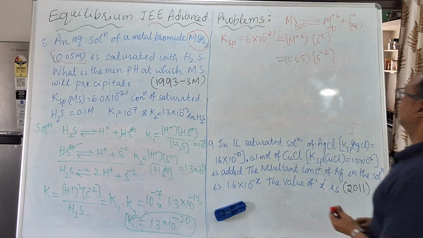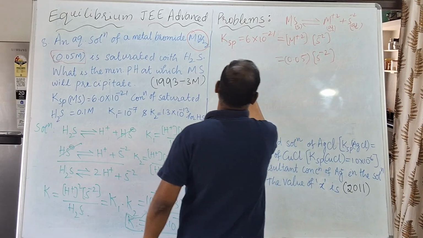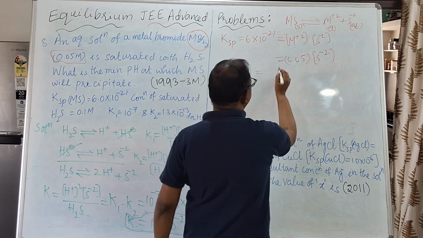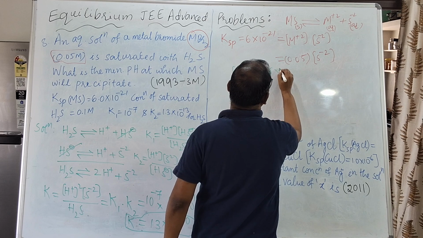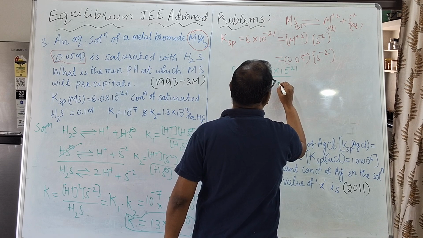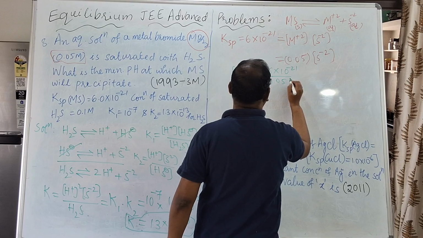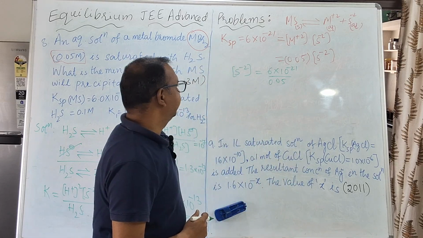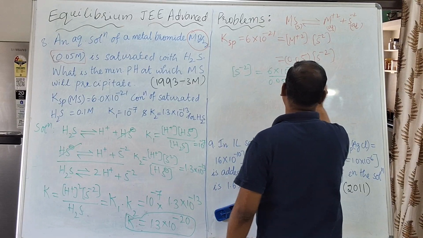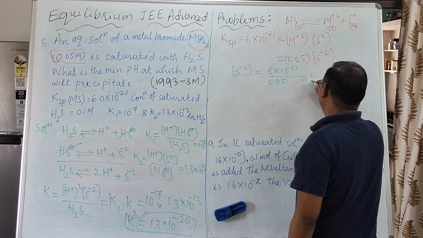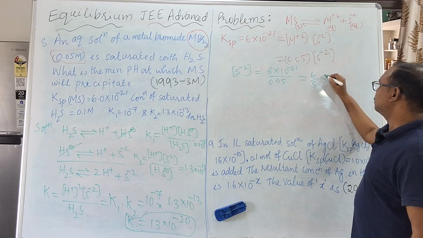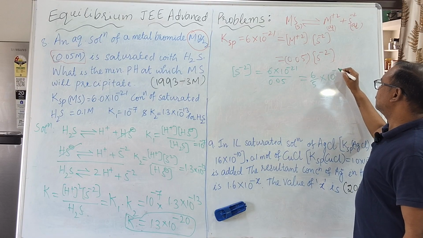Now the concentration of S minus 2 can be written as 6 into 10 power minus 21 by 0.05. You can write it as 6 by 5 into 100 by 10 power 21, which gives 10 power minus 19.